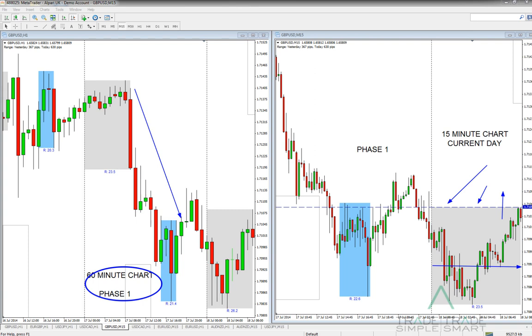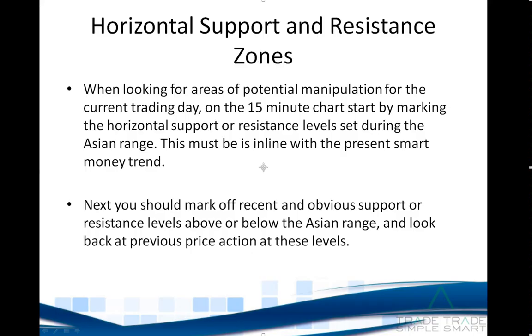In terms of the horizontal support and resistance lines, we're going to identify the cycle, and then we're going to mark off the relevant horizontal support or resistance zones which are in line with the overall weekly cycle. So once we've marked off and identified our first horizontal support and resistance level for the current day's trading, how do we identify any others?